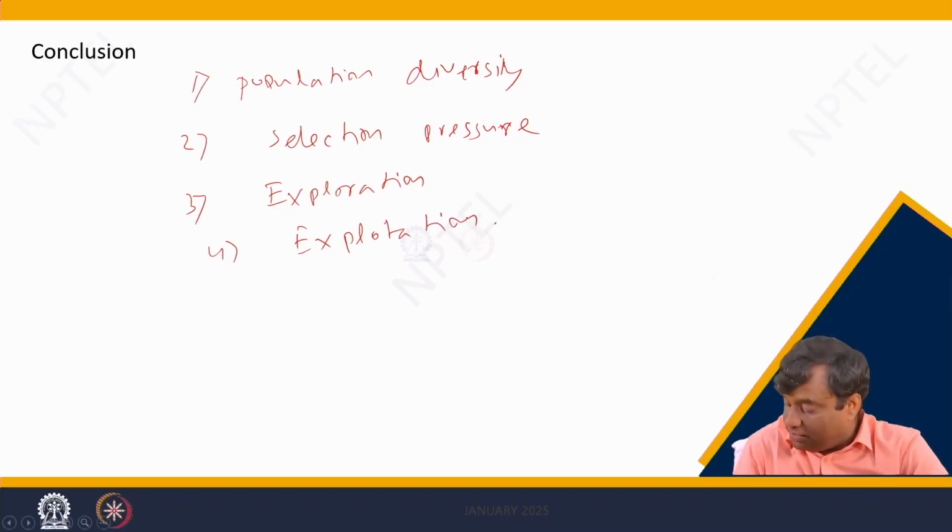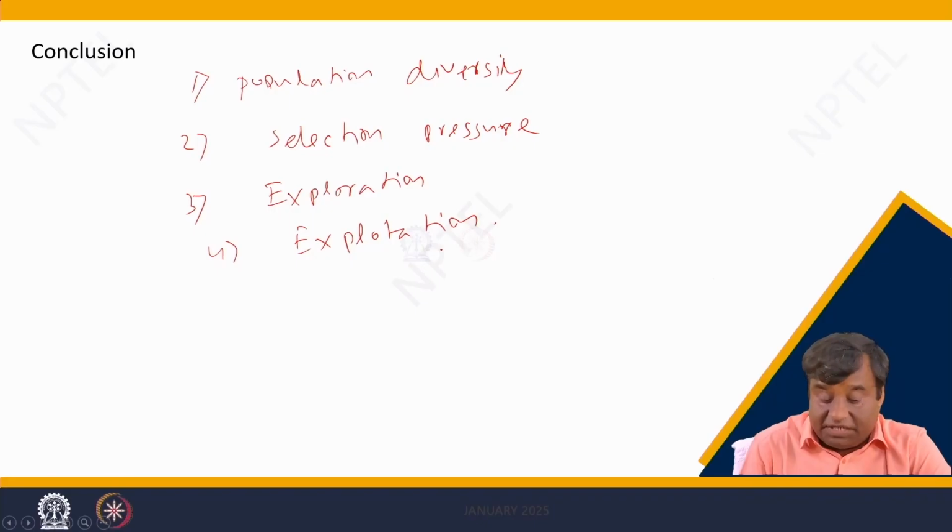So please try to understand these terms: population diversity, selection pressure, exploration, and exploitation. Next class we will study some numerical examples of selection procedures.